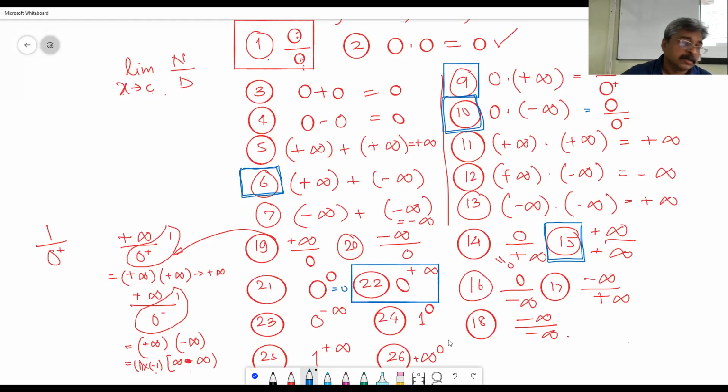Zero raised to 0 1 असतं. 1 की 0? 0 raised to 0 indeterminate. चांगला विचारलास प्रश्न तू. 0 raised to 0 is not really sure, because if we say 0 by looking at the base of the index, then we are in trouble. If we say 1 by looking at the power of the index of this number, then also we are in trouble. Therefore 21 is also indeterminate.